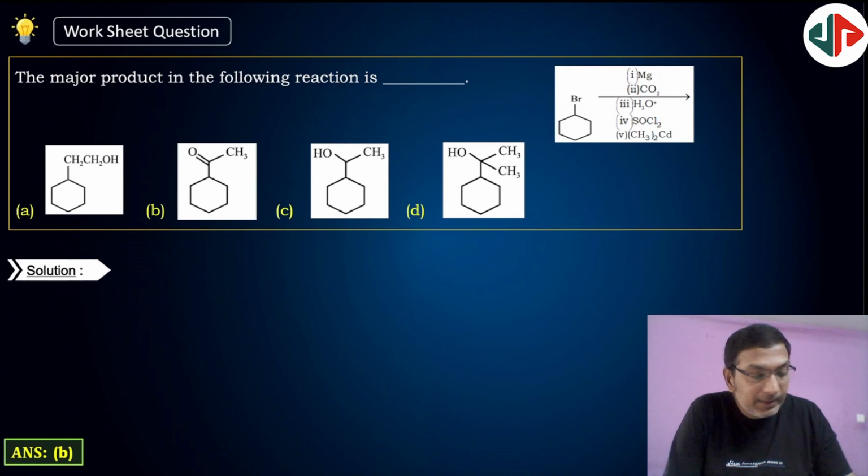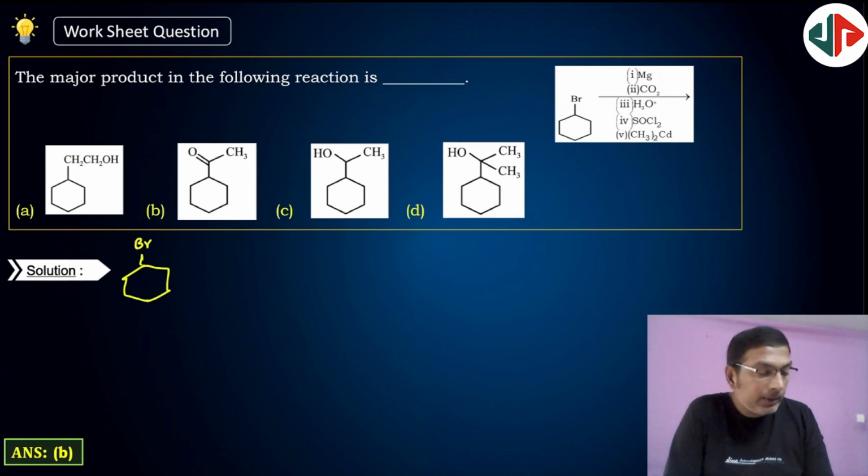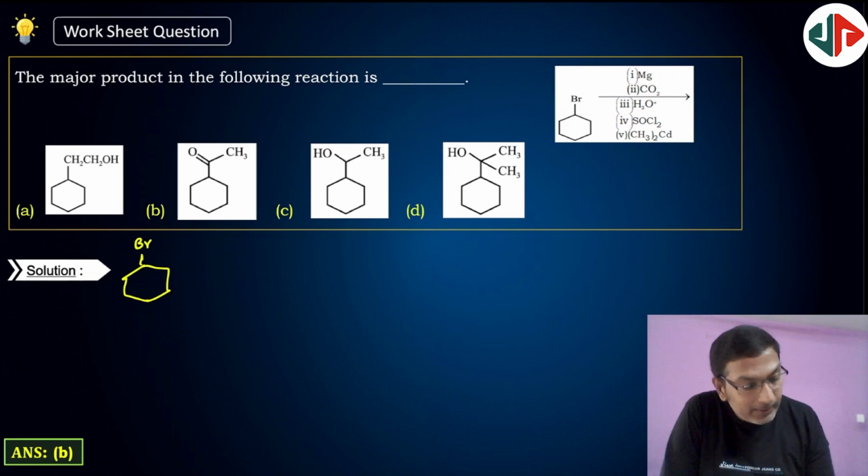The major product in the following reaction is. Here it is given bromocyclohexane or cyclohexyl bromide. First reaction with Mg. Mg means Grignard's reagent will be formed, that is MgBr.